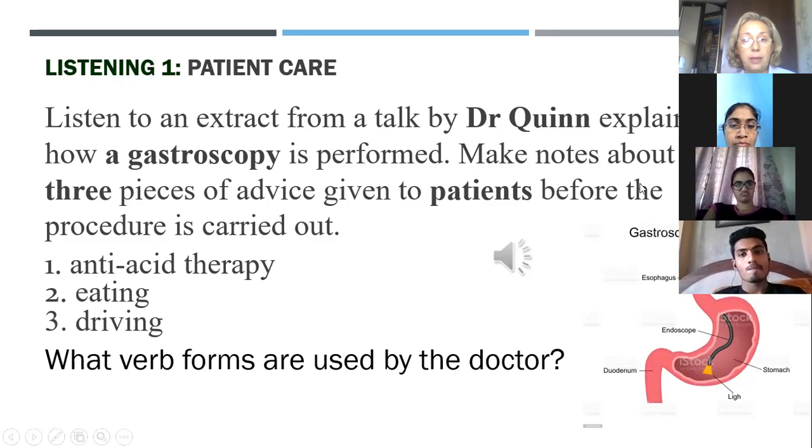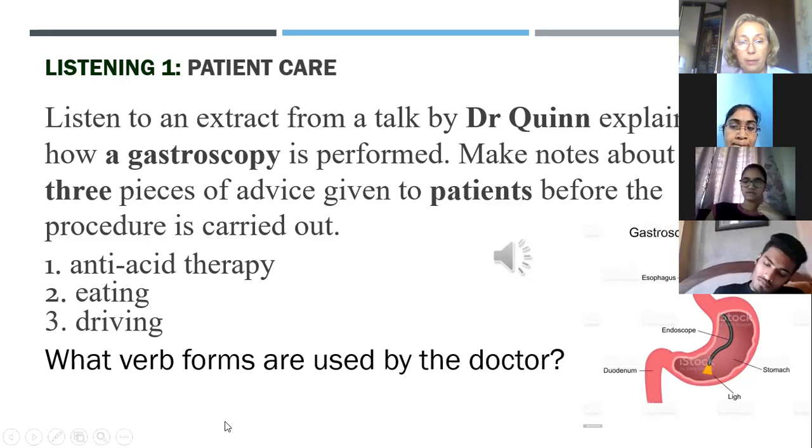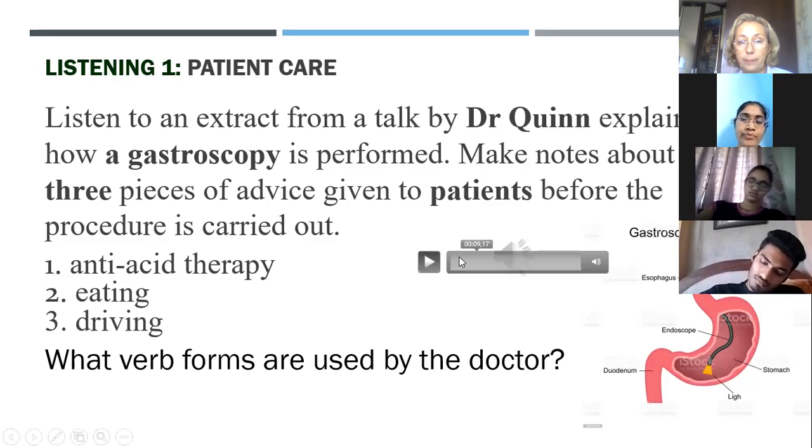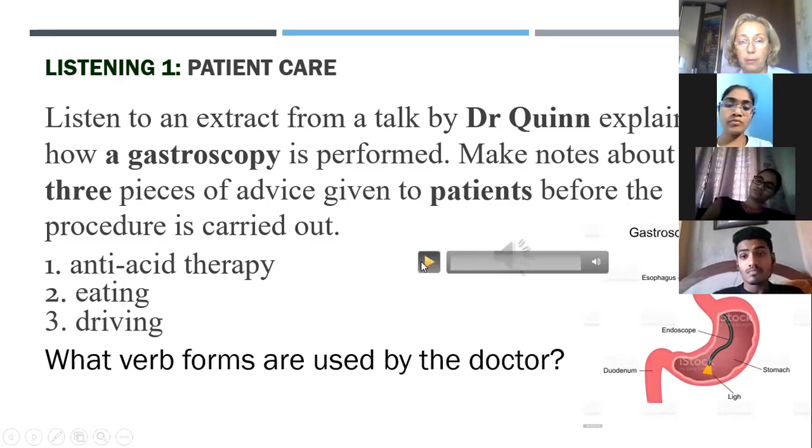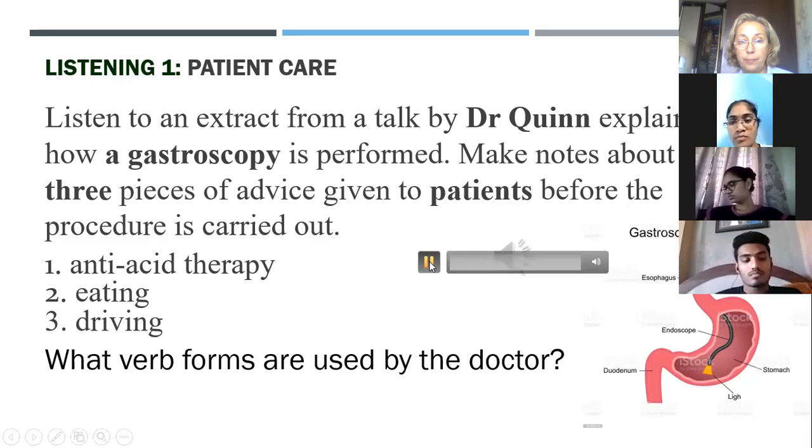And we should listen and make notes about the 3 pieces of advice given to patients before the procedure is carried out. So anti-acid therapy, about eating, and about driving. So let us listen and you make notes about these 3 things. Okay. Now let's start. Listening 1.